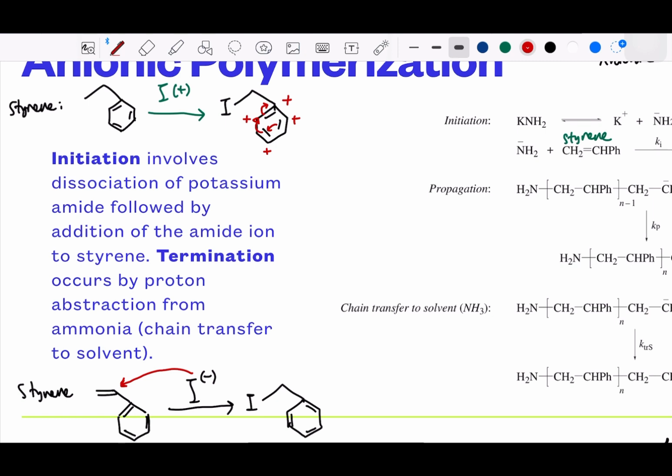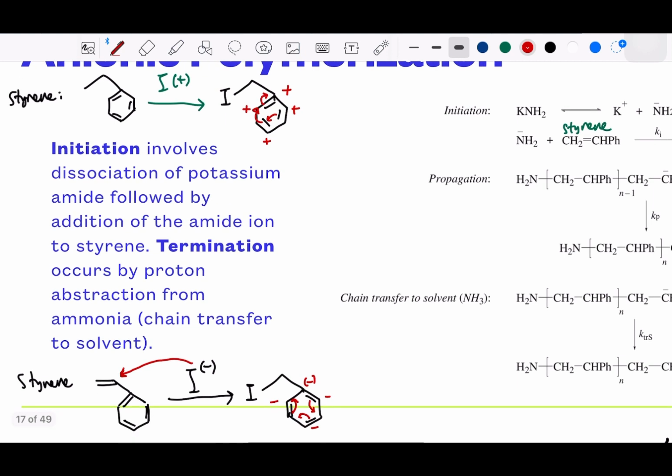In the same way this will be negative, and then we have shifted electrons. So we can take this as a negative in these three positions. Okay, so we can have some shifted active centers. So it works in cationic, it works in anionic. It depends on the initiator. So for styrene, you can have both ways.